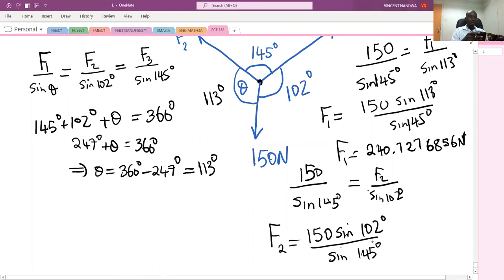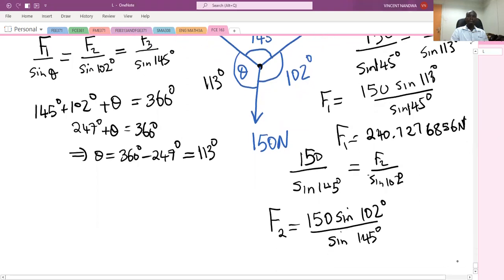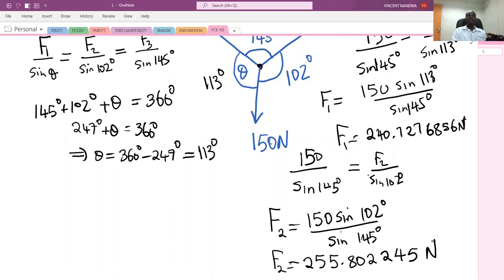So we'll have 150 sine 102 divided by sine of 145. So F2 is 255.8 newtons. So that's what defines the values of those given values which are unknown in the problem.